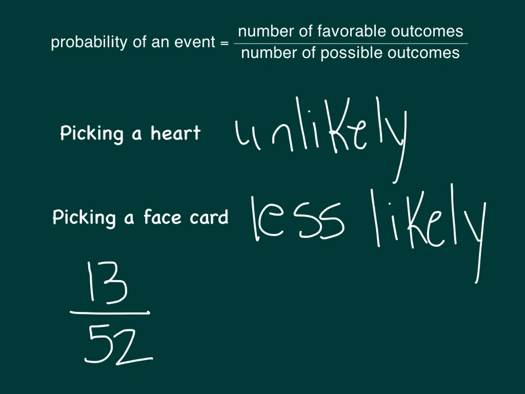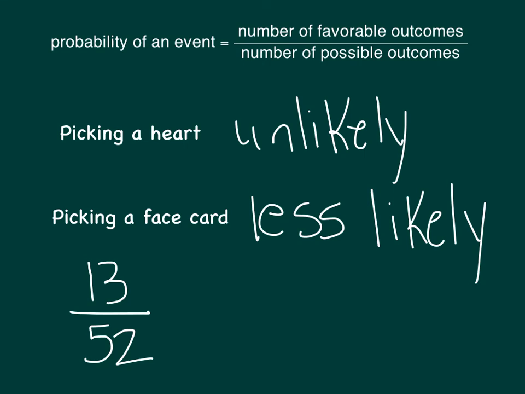So as you can see, my numerator is the number of favorable outcomes because there are 13 of those cards. And my denominator is the number of possible outcomes because there's a total of 52 cards. If I asked you the probability of picking a face card, like a Jack, King, Queen, Ace kind of, or Ace is not a face card, excuse me.